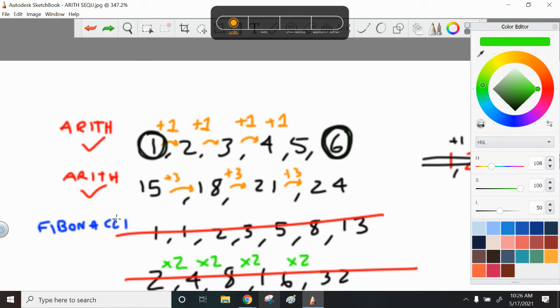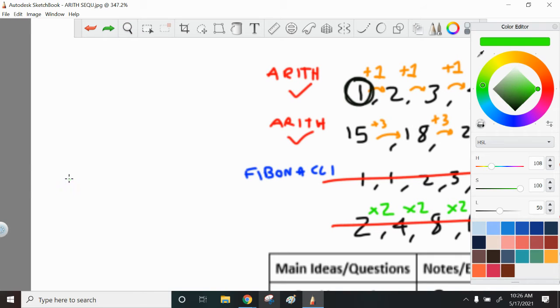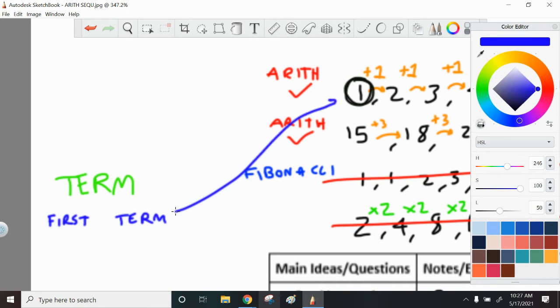So we get some kind of vocab, and it's the word term. You've heard me use it. Term is how we're going to refer to the places in the pattern. For example, we could have the first term, and that is literally whatever number comes first in the pattern. So our first term would be 1.